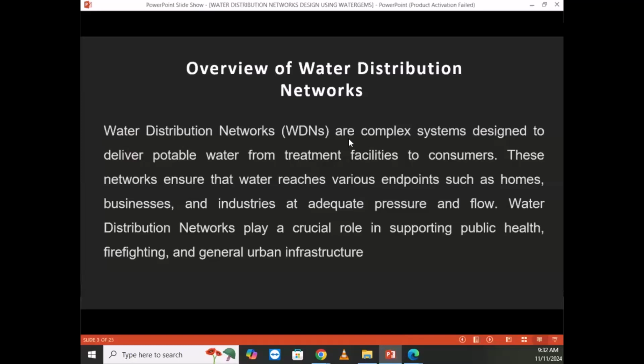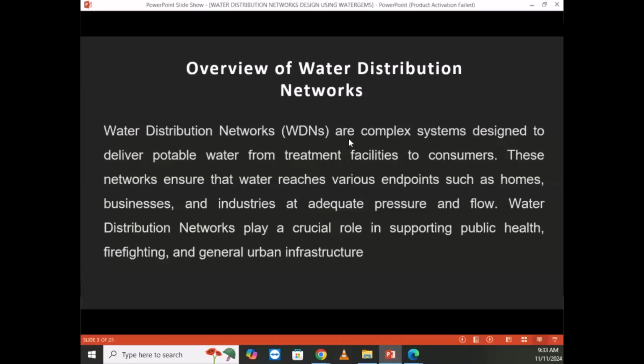But the difference here is that this is a water distribution, not a water supply. When we say water supply system, it includes also the source and the transmission network.